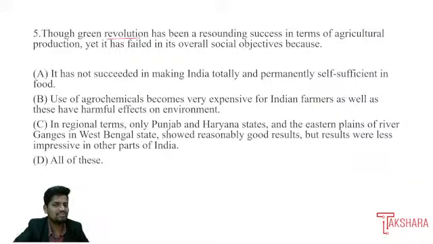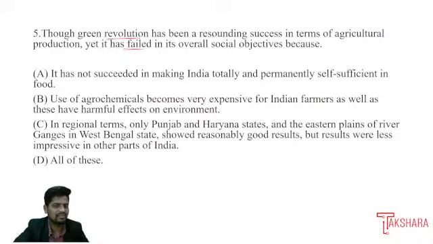The green revolution is completely related to the field of agriculture production, and it failed in specific areas of the country. Why is there a failure of the green revolution?